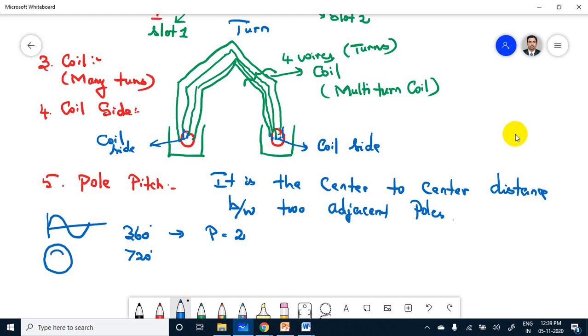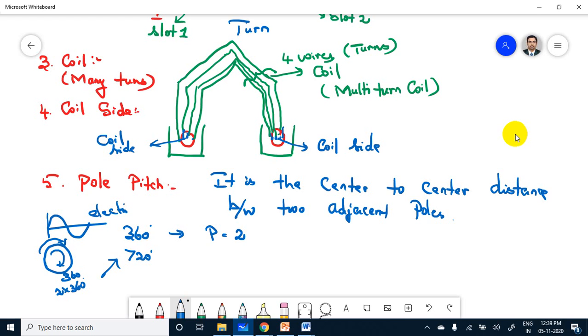For one revolution, that is one rotation, it will be 360 degree. The same machine rotating twice gives 2 into 360, you will get 720 degree. So these 720 degrees and 360 degrees are all electrical.